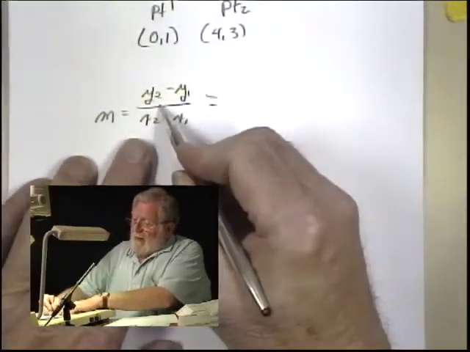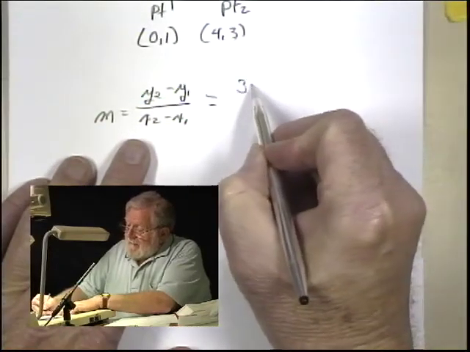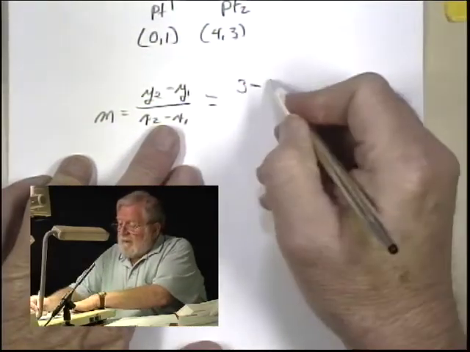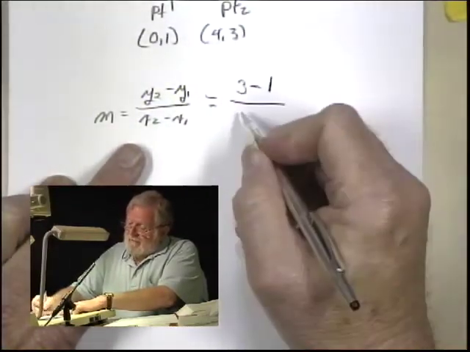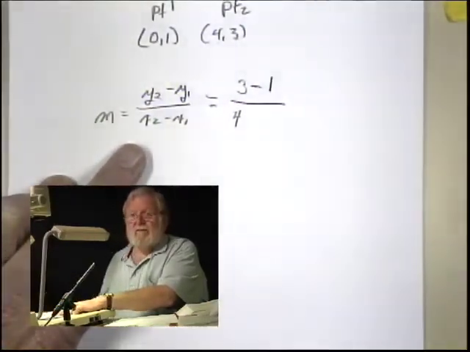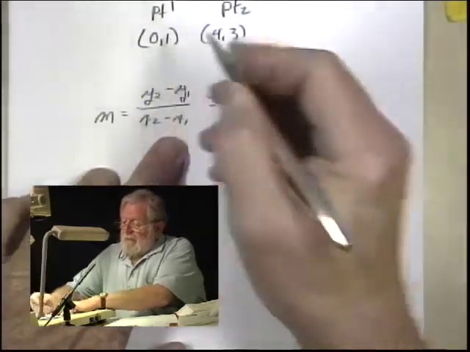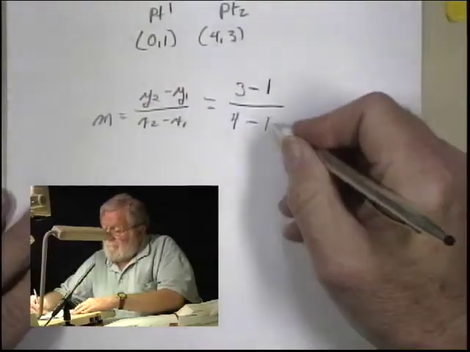So our y value from point 2 is 3. Subtract the y value from point 1, which is 1. Divide that by the x value from point 2, which is 4, minus the x value from point 1, which is 0.